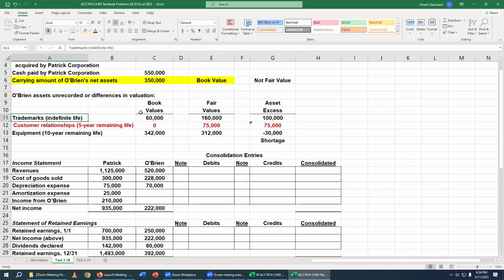So let's see, the trademarks have an infinite life, so we're not worried with that. The customer relationships are 5 years, so this is divided by 5, which is 15,000 a year.